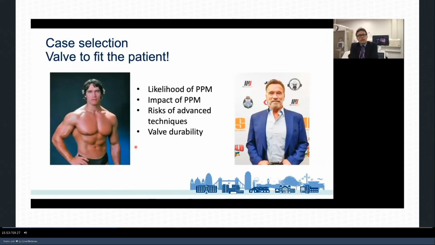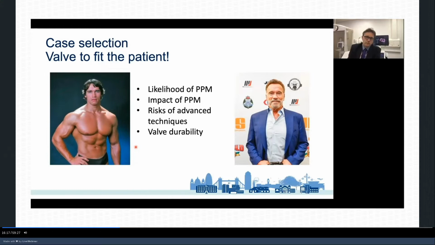So I suppose the general point is case selection is really important, and the valve should be selected to fit the patient both clinically and geometrically. And in that, the likelihood of patient prosthesis mismatch is really important, and using predictive charts can be exceptionally helpful. But also the impact of patient prosthesis mismatch.